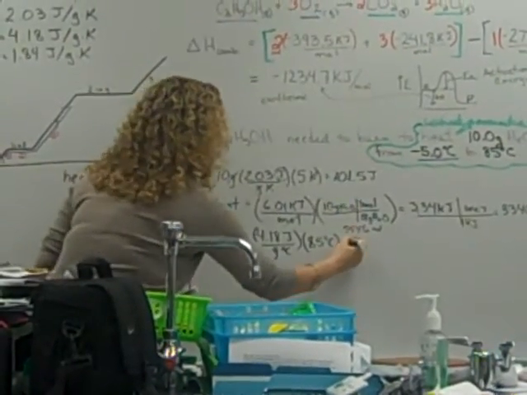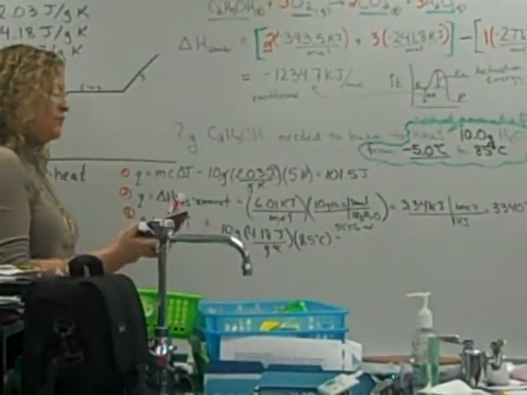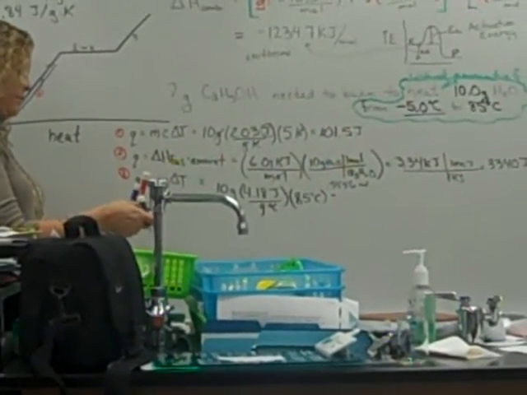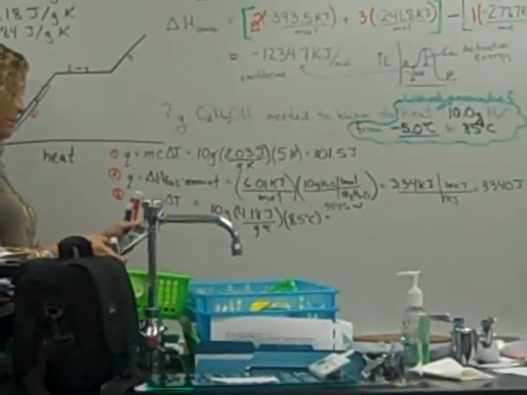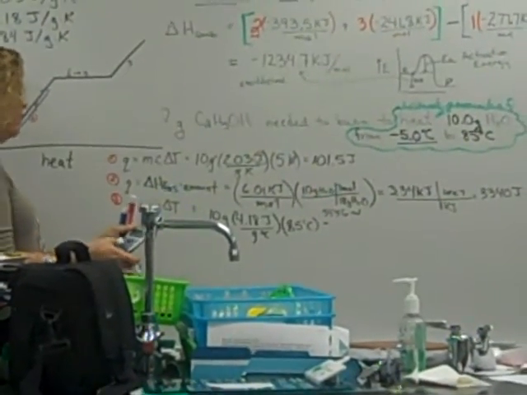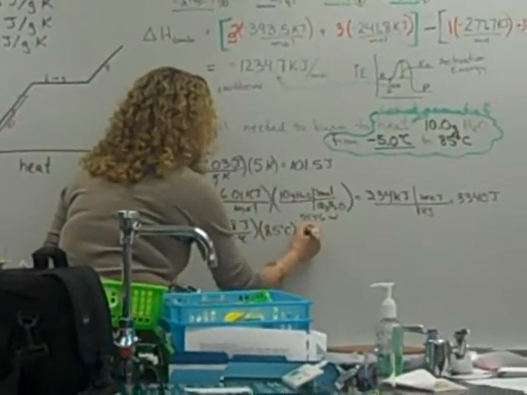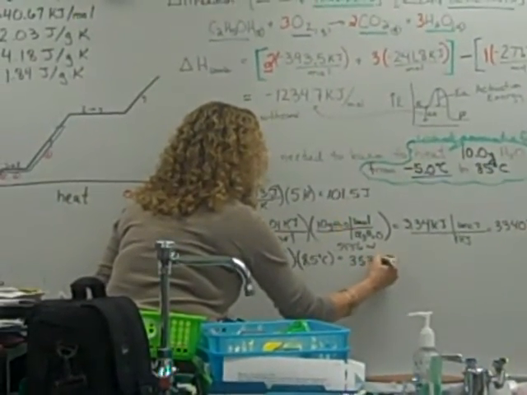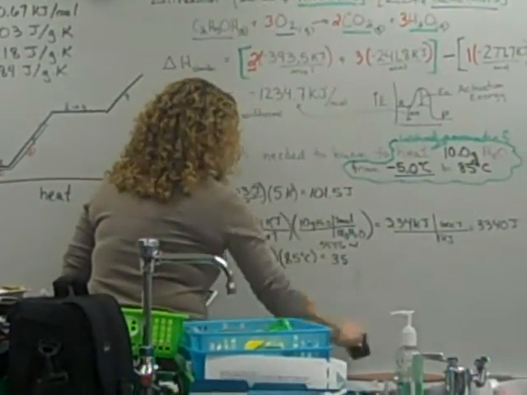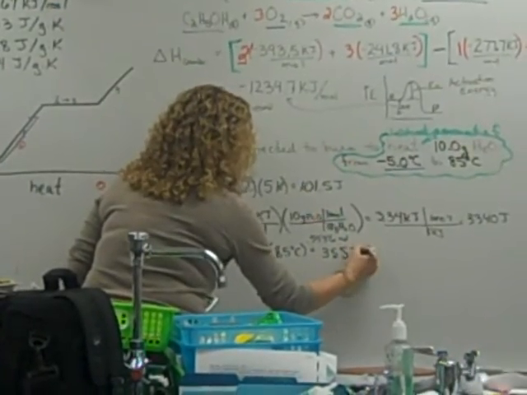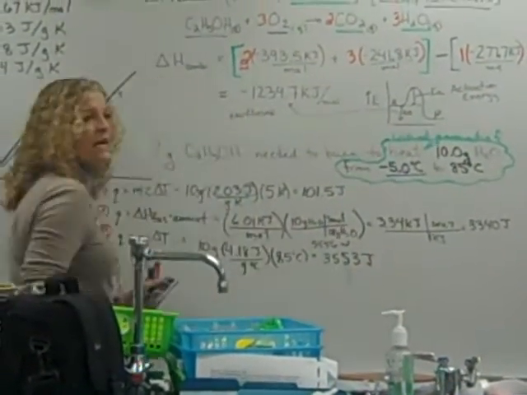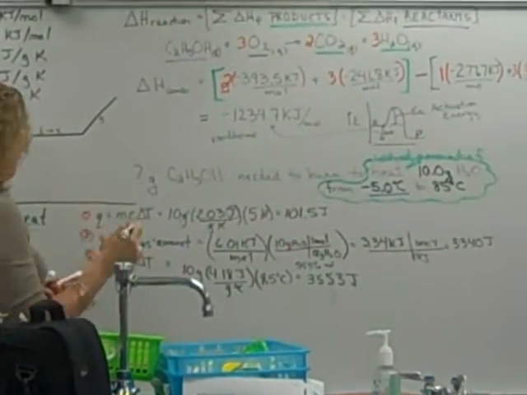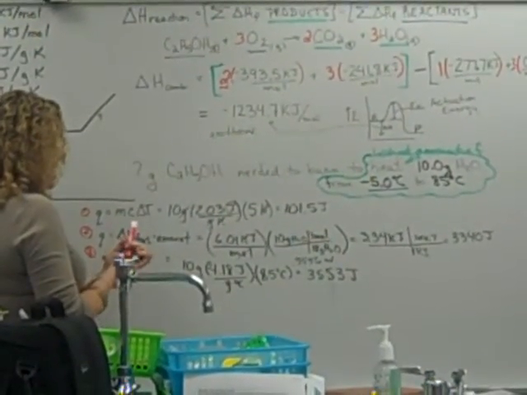And so we have 10 times 4.18 times 85. What did you guys get for this step? Say it louder, Ethan. 3,553. Is this right? Yes. Okay. And so now that's the end of our heating up.